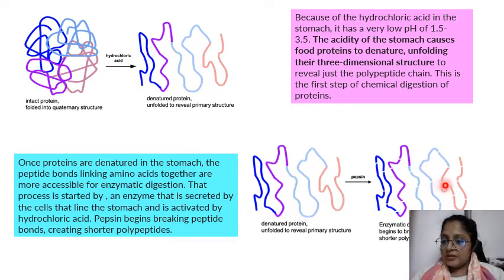Please note the dashes over here. That means there is so much breakage. What was the condition over here? There was no such breakage, just a simpler form. So the action of pepsin, after the action of hydrochloric acid or denaturation is done, breaks it down further.